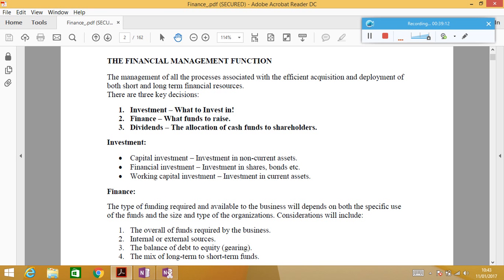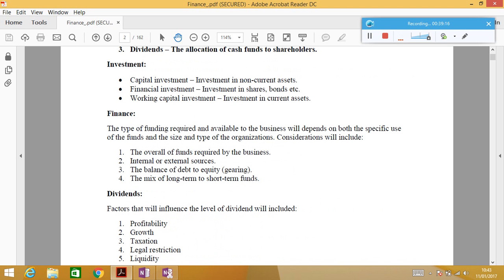What funds to raise? Finance. Look at that. So what funds to raise, guys? This is an argument that started almost 100, 200 years ago until now. We have no conclusion for that. No concrete answer for that.